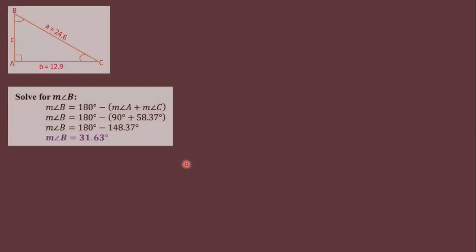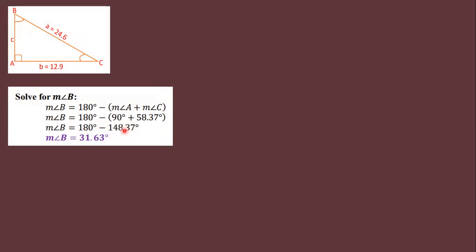Next, we solve for angle B. As you can see here, our angle B is unknown. So we are ready to solve since we have 90, we have 58.37, and knowing that the total interior angle of a triangle is 180. That's why we have 180 degrees minus the sum of 90 degrees and 58.37 degrees.